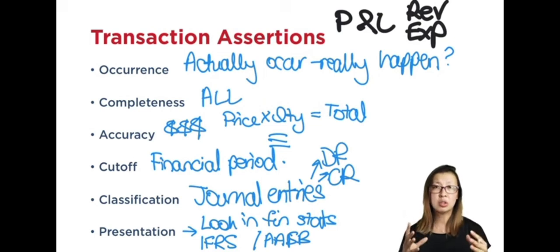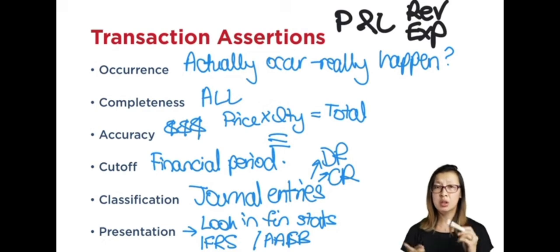So we need to make sure that the number is correct, but all the disclosures that go around that number, any additional information about revenue breakdowns, disclosures about qualitative information that the AASB or IFRS requires, are in there about those particular transactions.